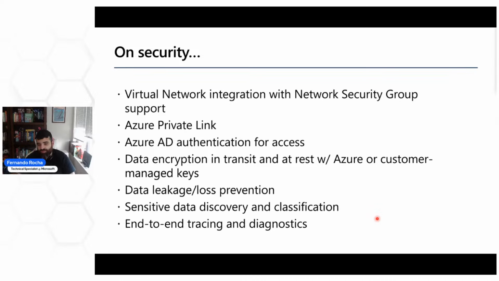That will help you keep your service bus secure and only available for services and applications that are within that particular environment that you control. You have Azure Private Link. If you want to keep that communication between your applications, producers, and consumers and the service bus private without going through the public internet, you can use Private Link for that.